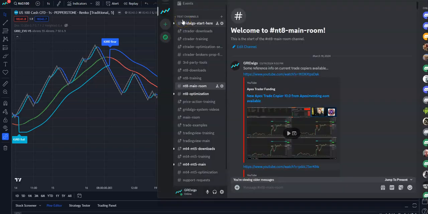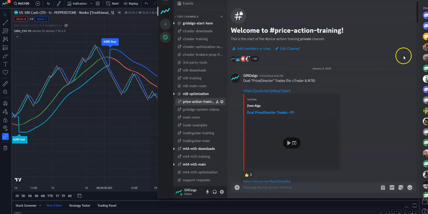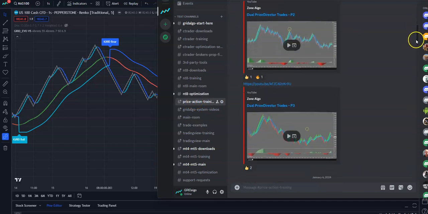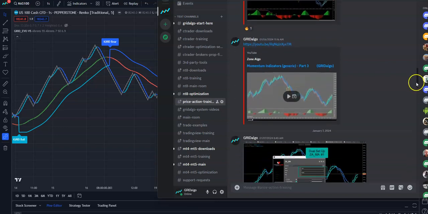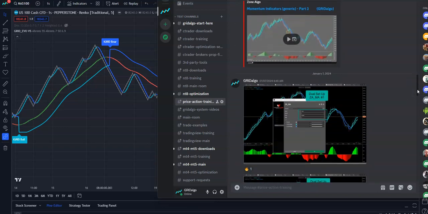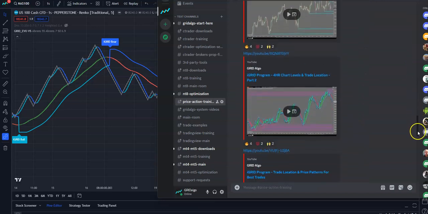And as part of the program, you do get access to my personal Discord room. We have C-Trader rooms, NT8 rooms. I have a lot of coverage, common rooms that everybody gets access to, on the benefits of grid trading, adding to or pyramiding into trades that are running in your intended direction. That's the complete opposite of martingale.